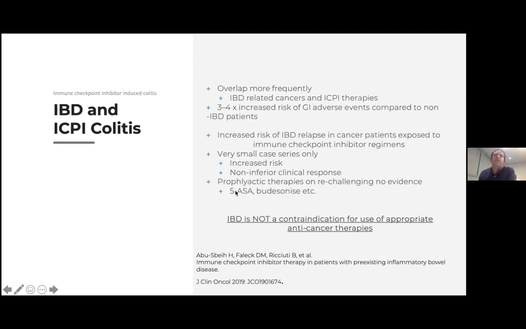This question of prophylactic therapies on re-challenging hasn't been tested. 5-ASAs, there's nothing in the literature, and the use of budesonide, apologies for the misspelling, is also not prospectively looked at. But the key point here is that IBD is not a contraindication to the use of appropriate anti-cancer therapies. So patients must get what they need.